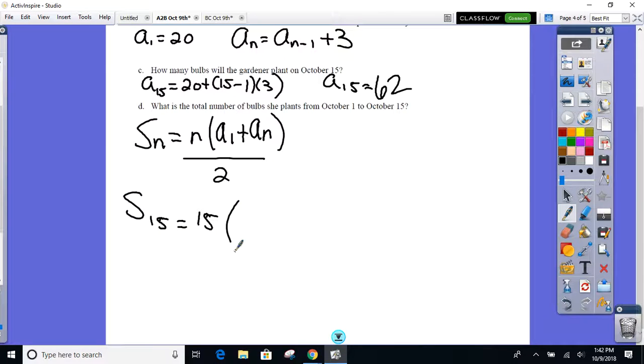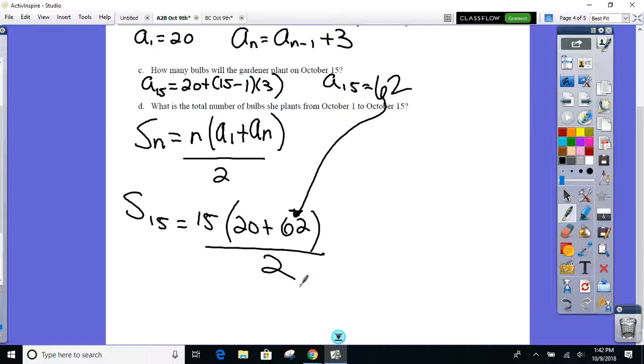First day. Not 15, though. This was on the 15th day. I don't need to calculate that because I just did. 62, all over 2.